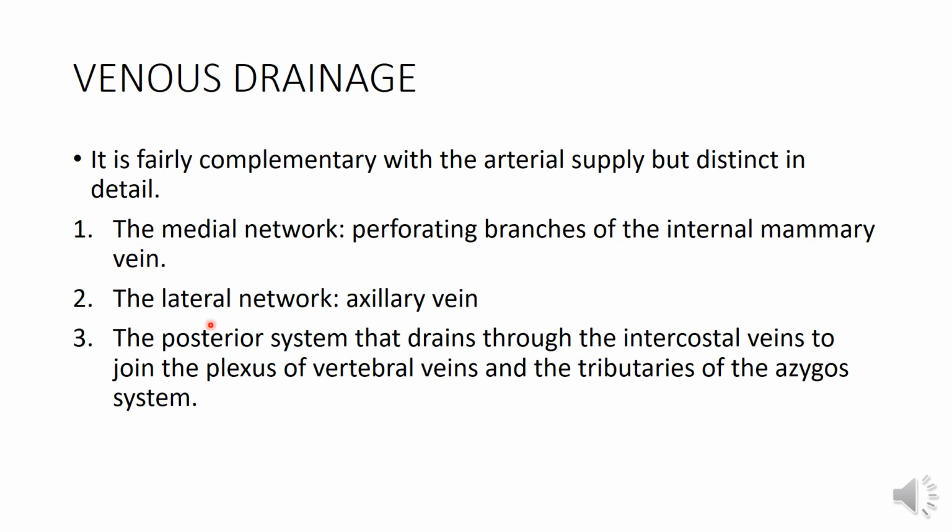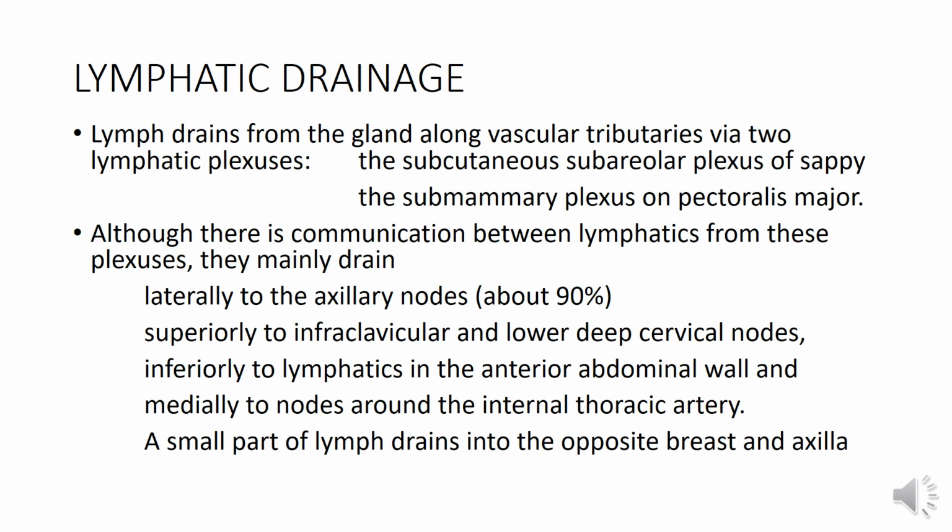On the lateral aspect, you have the axillary vein, and on the posterior aspect, it is drained through intercostal veins to join the plexus of vertebral veins and tributaries of the azygos vein. This plexus of vertebral veins is very important. They are valveless, and we'll see its clinical importance when we discuss malignant disease of the breast.